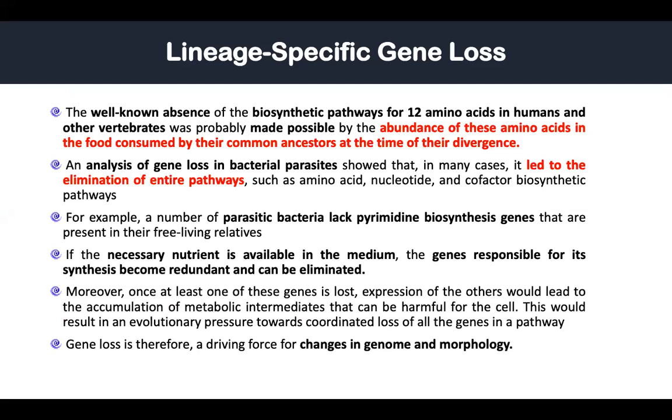But because humans started consuming a different kind of diet, and in our diet we were able to obtain these amino acids, these genes were slowly lost or removed from our genome. This was made possible by the abundance of these amino acids in the food which was consumed by our common ancestors at the time of the divergence.